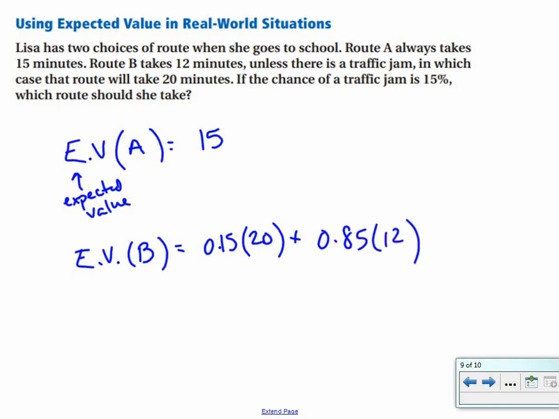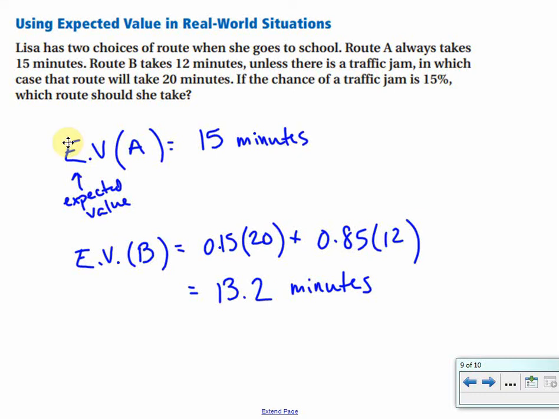So most of the time it's going to take her 12 minutes, but sometimes it will take her 20 minutes. When I calculate that, I get an expected value of about 13.2 minutes. So that means on average, it will take her about 13 minutes to get to work when she takes route B, even if she hits a traffic jam.